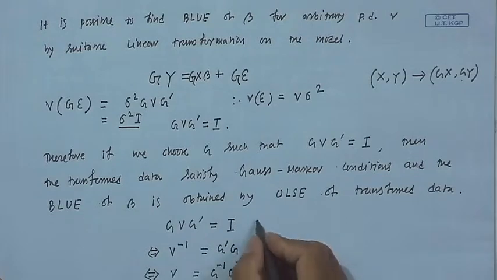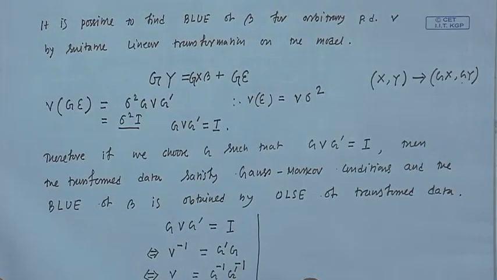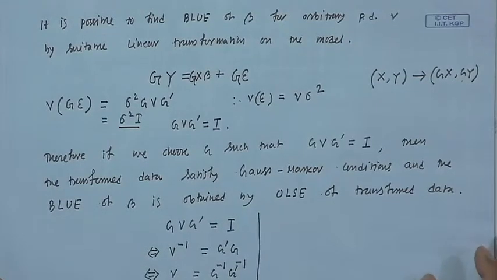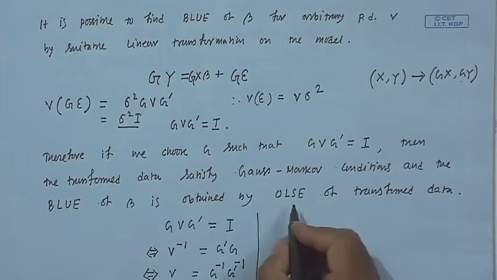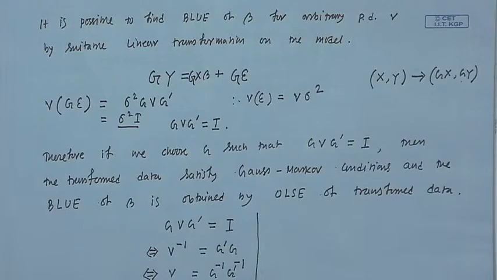Okay. So, now what is the least square? You have to choose a G in such a way that V equal to G inverse G prime inverse.